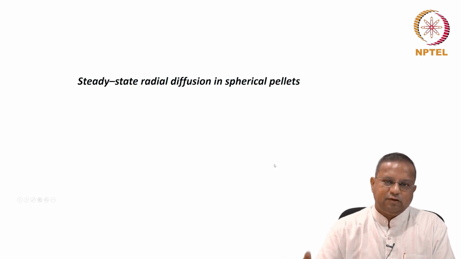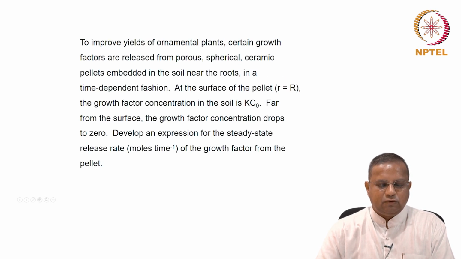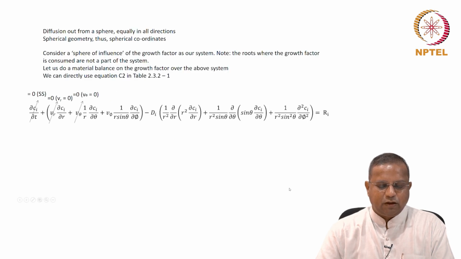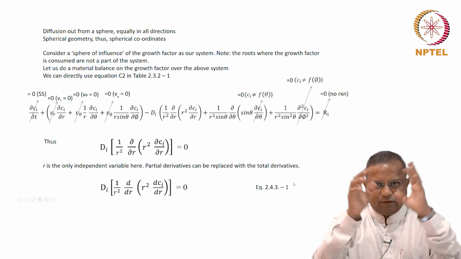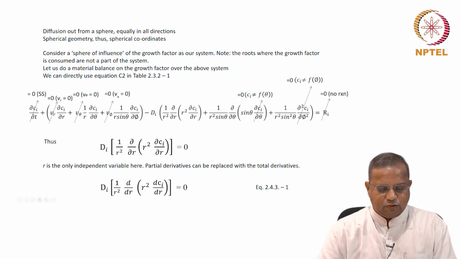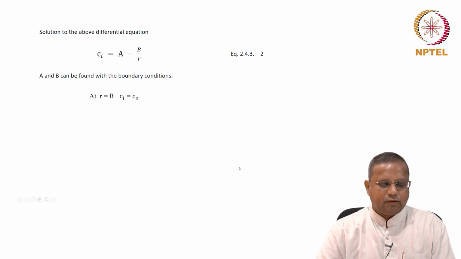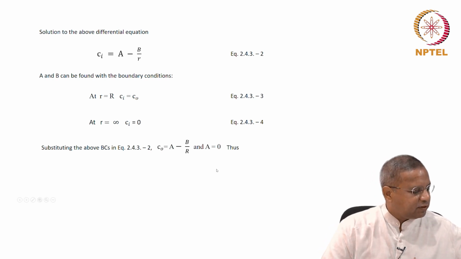We had used the equation of continuity in spherical coordinates to solve this problem, and thereby we picked up how the concentration of the growth factor varies in the sphere of influence of the pellet that is releasing the growth factor. And that is what we did. I do not think I need to get into the details, you can look at the details.